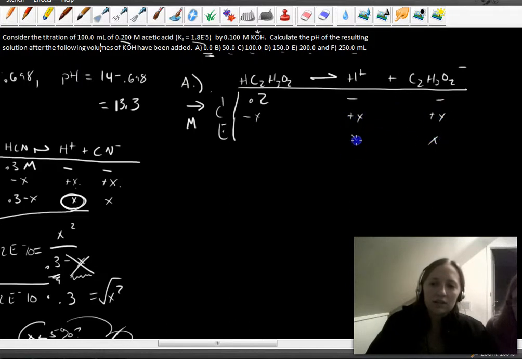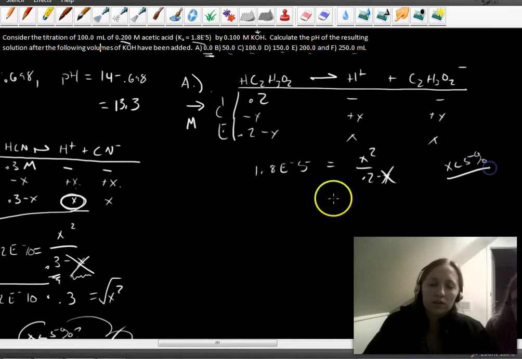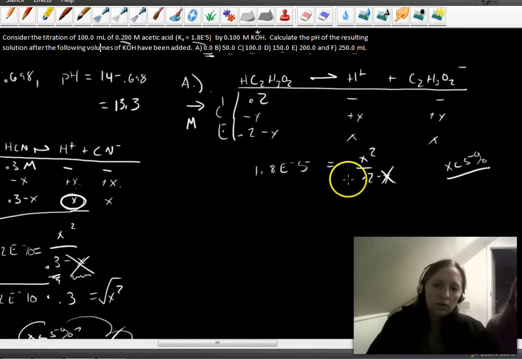0.2 minus x. 1.8 e negative 5 equals x squared over 0.2 minus x. Kill the x. X is less than 5%. We'll come back to you. 1.8 e negative 5 times 0.2, square rooted.